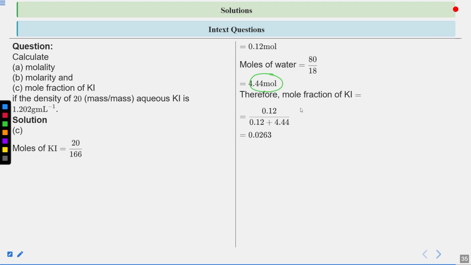If you want to know the mole fraction of KI, it will be moles of KI divided by the total number of moles. So 0.12 by 0.12 plus 4.44. It's very easy to see how we have done it. Then this calculation will give you 0.0263 as the mole fraction of KI.